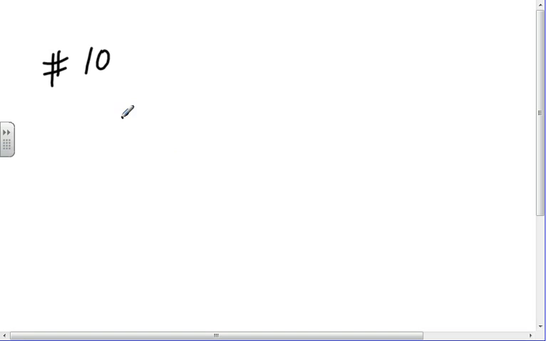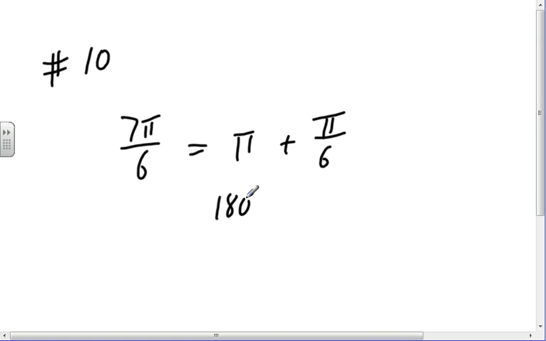All right, so I've got 7 pi over 6. So I've got a pi plus a pi over 6. The pi is 180. The pi over 6 is 30. So this better be 210. Okay, so I could do that.